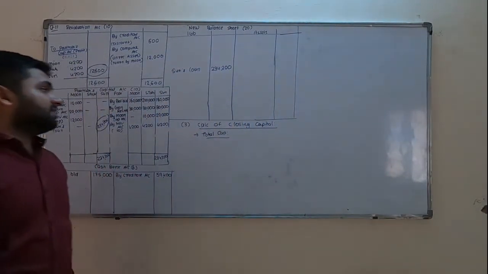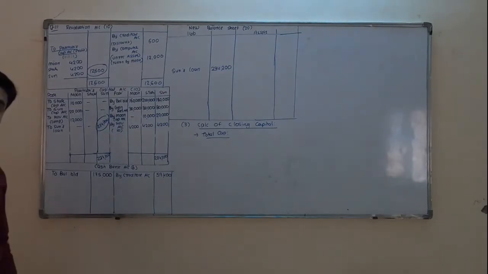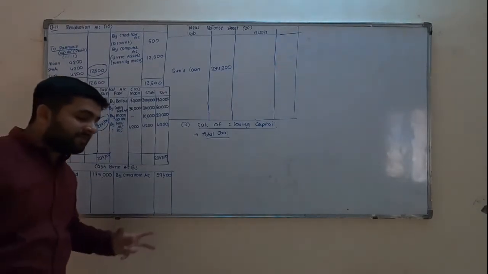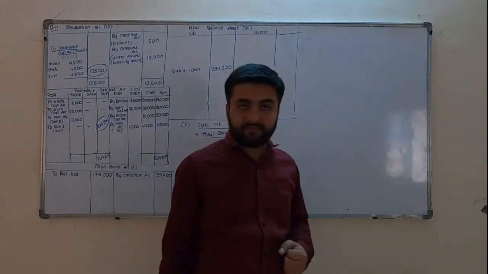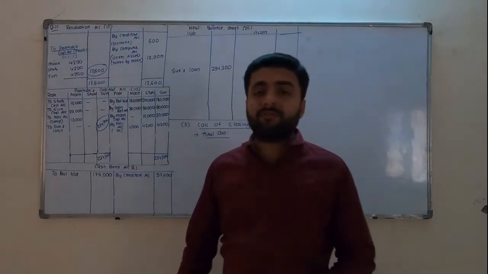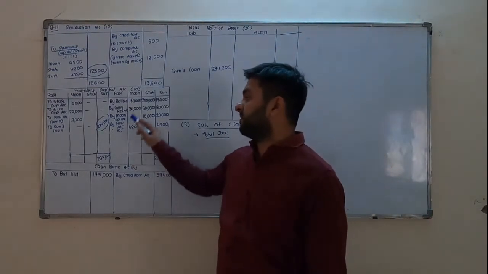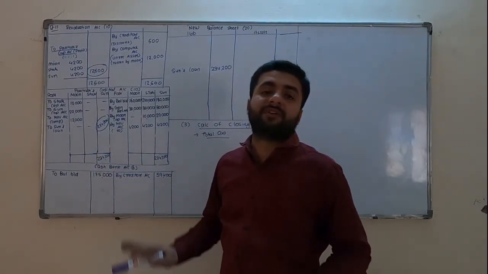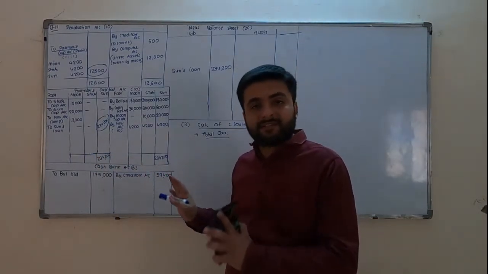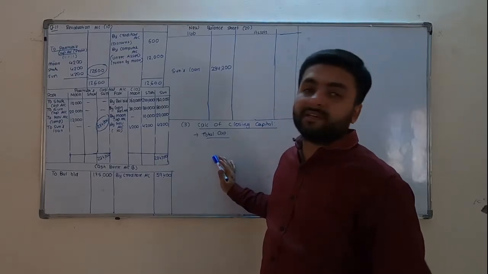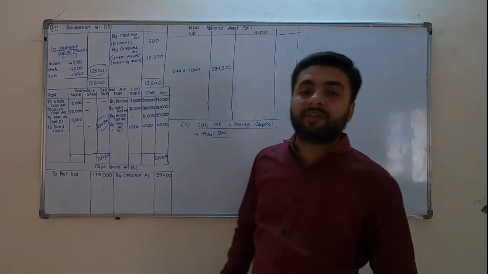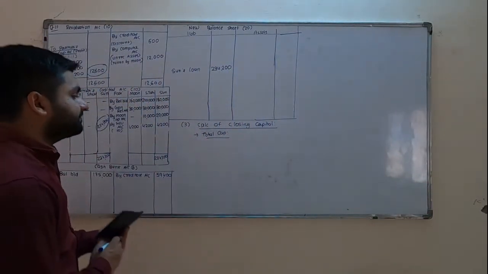Now the remaining partners are Moon and Star, and their capital is to be maintained in new ratio. If it was not to be kept in new ratio, then how would we have done? We would take the total, just subtract, and keep the balance. That is a normal step. But when total capital is maintained in new ratio and it is not given, how to calculate? Listen here.